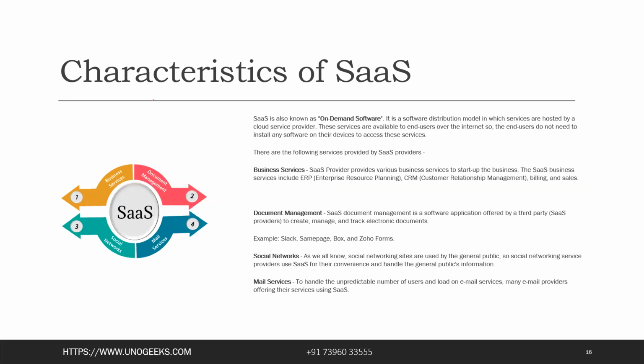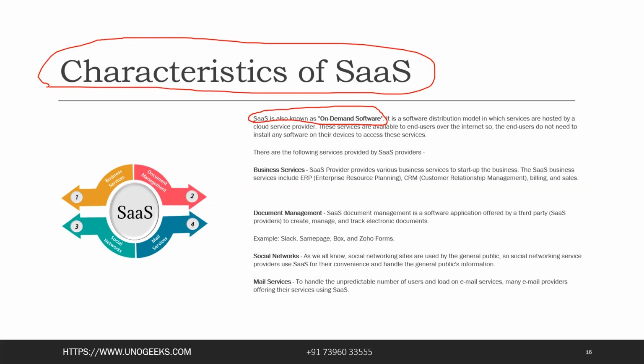Now, characteristics of SaaS, software as a service. This is one of the important parts. SaaS is where everything, every application maintenance, support, and data, is provided by the vendor itself, the cloud service provider itself.